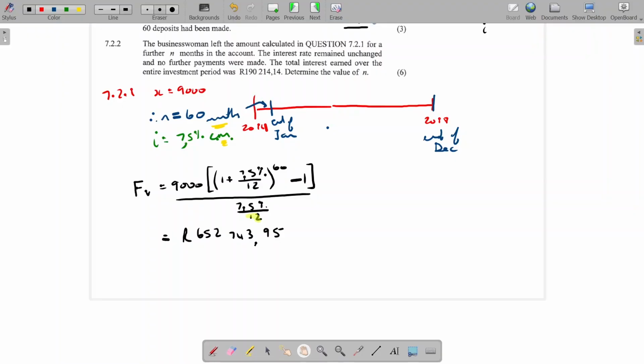7.2.2, again, they want to go ahead. What's going to happen now is this lies for a further n months in the account. The interest rate remained unchanged and no further payments were made.